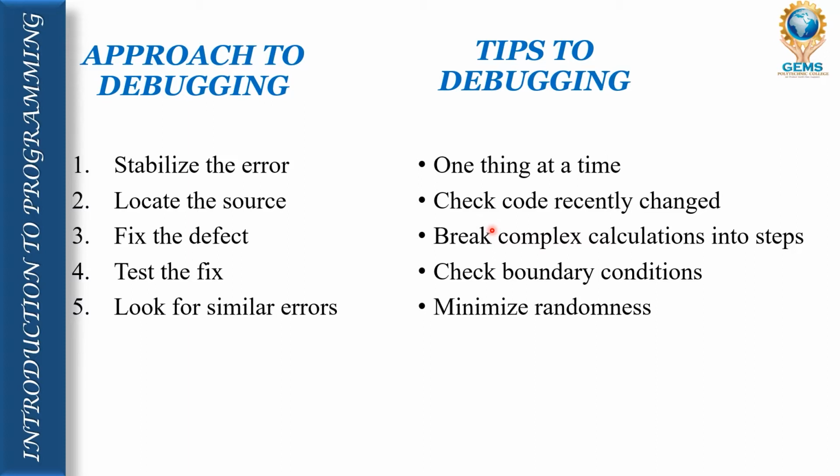Third point says we have to break the complex error or calculation into simple states. Fourth point says we have to check the boundary conditions of the software or our program. And last, a tip for debugging is to check or minimize the randomness in the program.